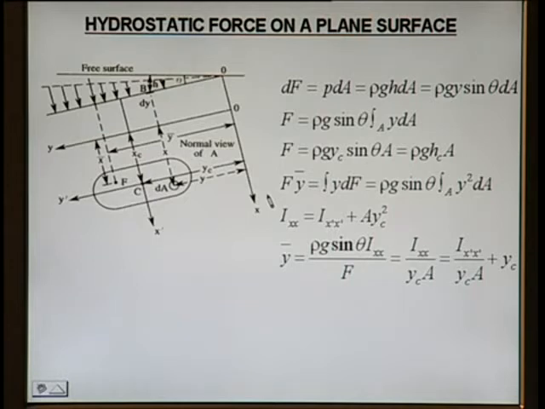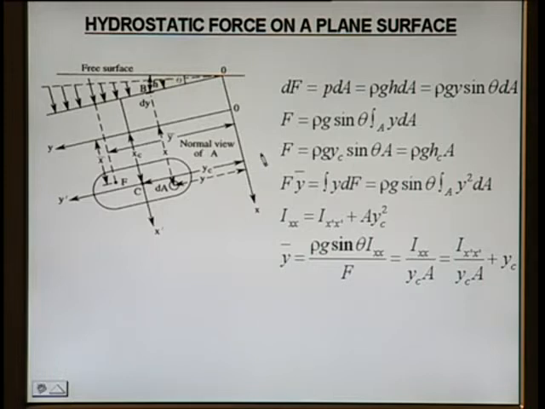Now this thing we discussed in the last class, and the formula is developed on the basis that under equilibrium condition the summation of forces must be equal to 0, right. So for that we had a pressure force at different elemental strips.